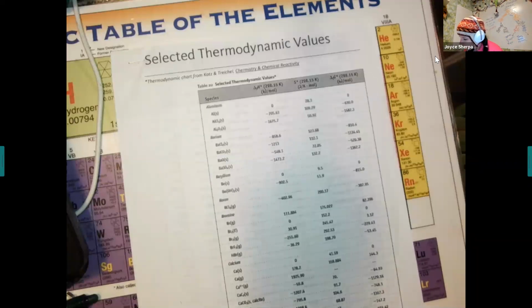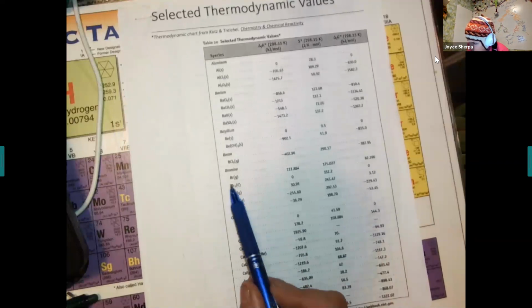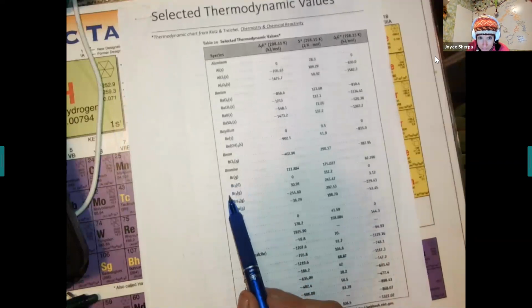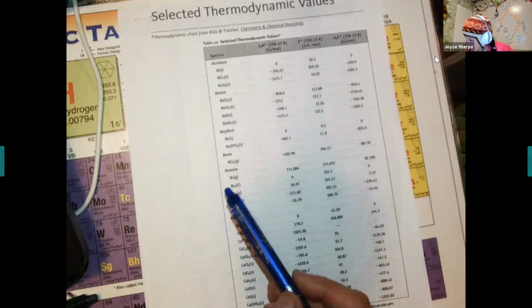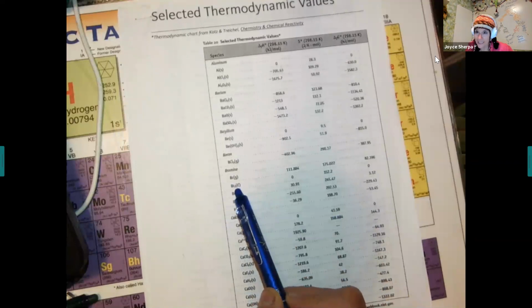So in this chart, you will find, like for bromine here, you have Br2 liquid, Br2 gas. The one that is how the element is in its standard state is the Br2 liquid.